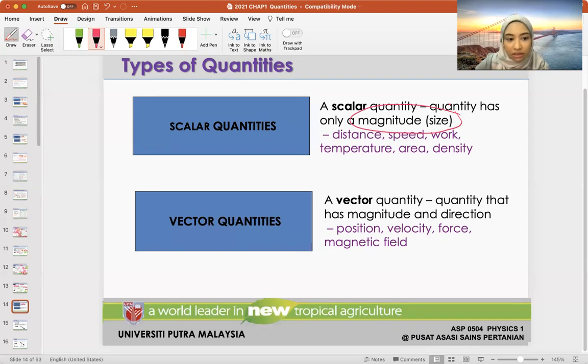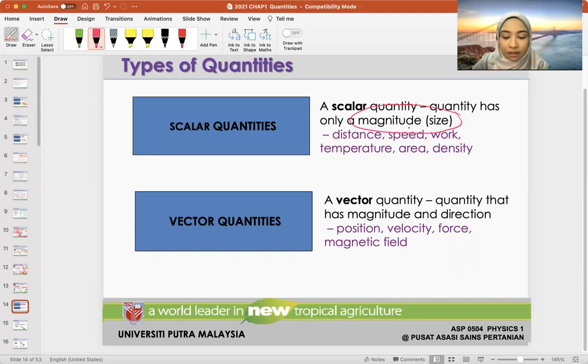So when we talk about distance, we cannot specify the direction. So it's not really helpful if we are looking for the direction. And another thing is speed. I say, okay, I'm walking to go to that bakery shop, you have to ride your car for like 30 km per hour for 10 minutes.